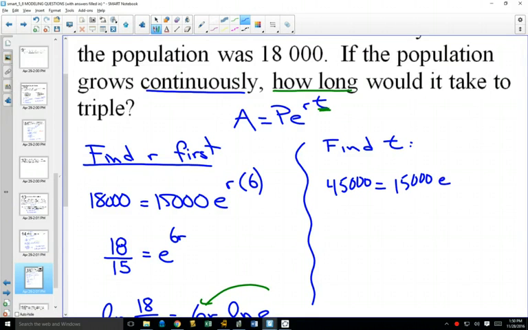But either one, when you divide both sides, you are going to get 3 equals. And you see how, because we're tripling, it's going to be 3.